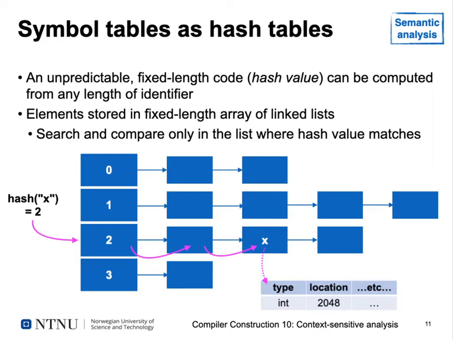And we have a hash function that always returns the same number for the same name. So essentially we have an unpredictable fixed length code, this hash value, and this can be computed for any length of identifiers. So this could also be a very long variable name.